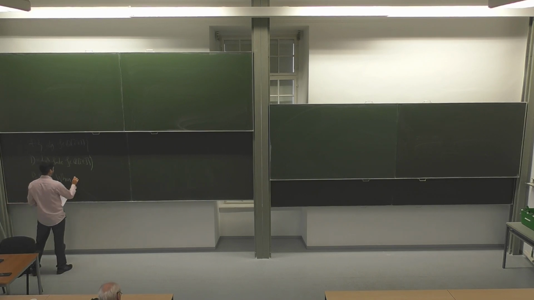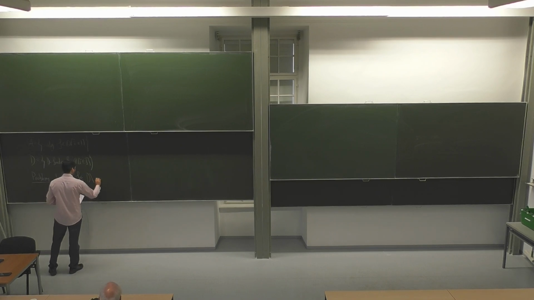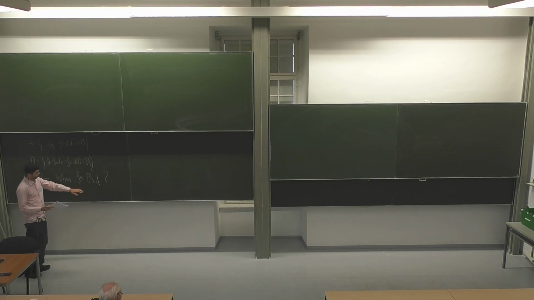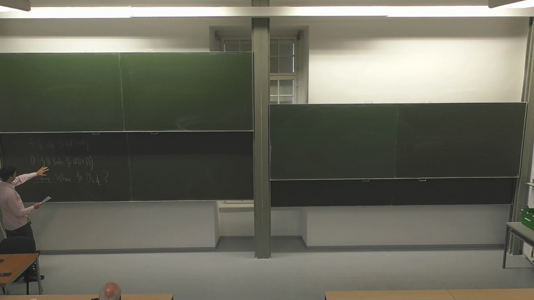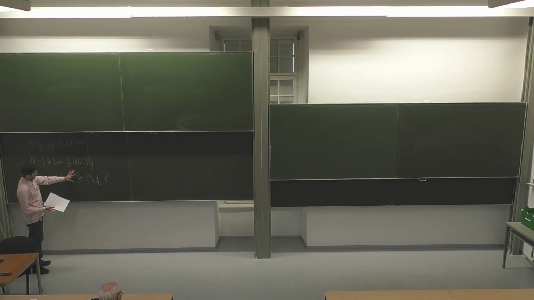When does F belong to D minus A? Of course this set is not empty. There are power series which are definite but not algebraic. So how to determine that a power series is definite but not algebraic?